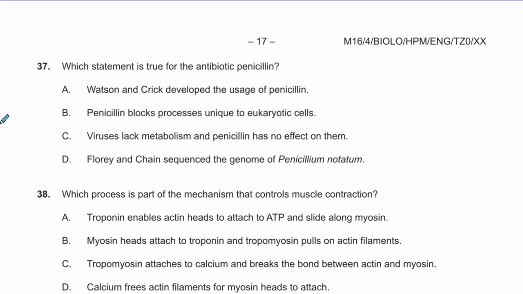C, viruses lack metabolism, and penicillin has no effect on them, and yes, that is true. On the virus itself, penicillin has no effect. Maybe if a bacteriophage, which is a bacteria virus, infects a bacterium, it could be subject to antibiotic action, but that would be a special case. So C is the correct alternative here.